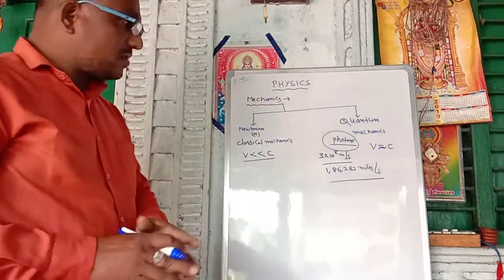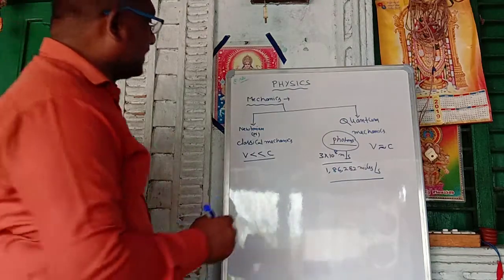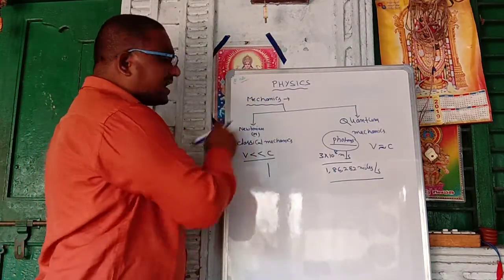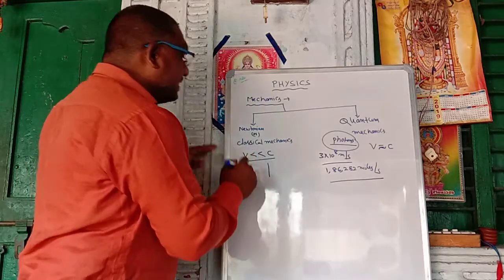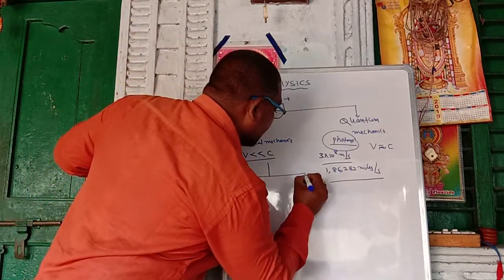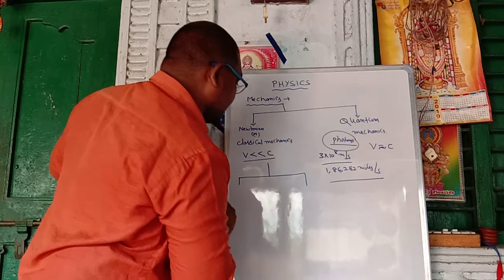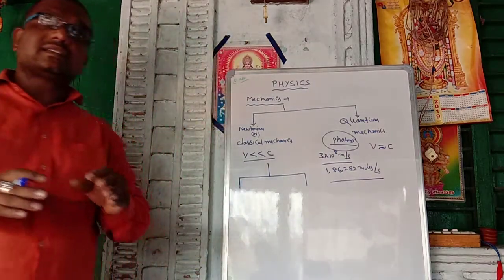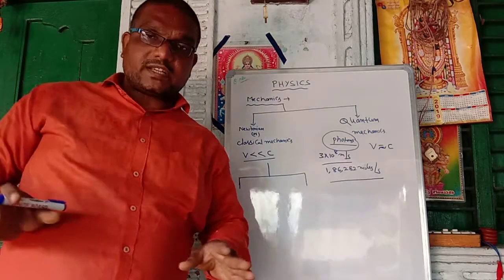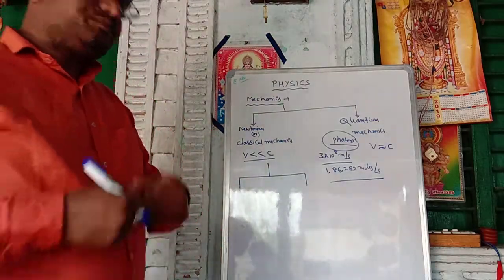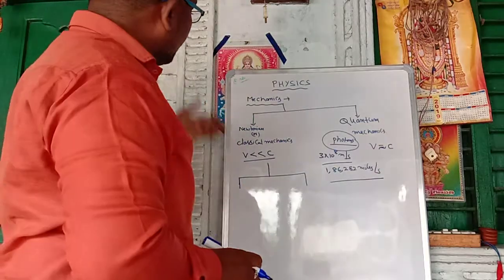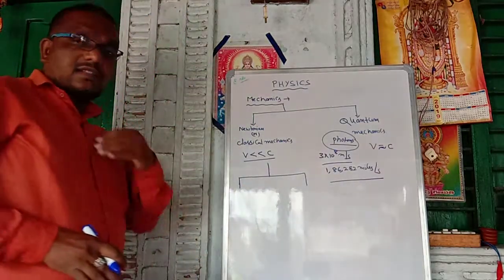So far everything is very clear. Now let us see the different parts of classical mechanics. Up to the 19th century, scientists believed that classical mechanics was the answer to every question. They believed strongly that classical mechanics is the ultimate.